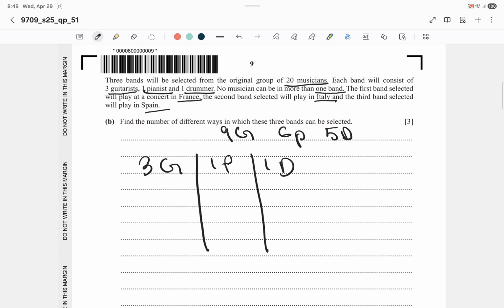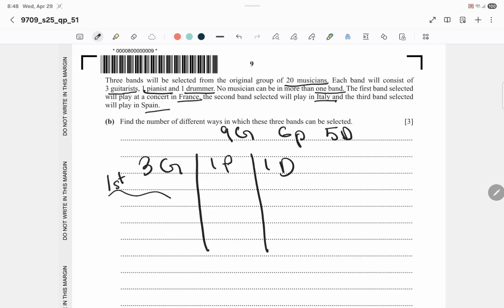So there's a few ways you can do this. For example, in the first band, you take out of 9, you take C3, and then out of 6, you take 1, and out of 5, you take 1.